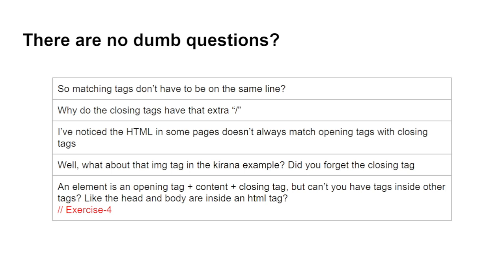One kind of element has a closing tag, but there are other kinds of elements, for example image, which we have seen recently, and these elements use a shorthand notation. What is a shorthand notation? Shorthand notation is nothing but they have only one tag. They don't need a closing tag.